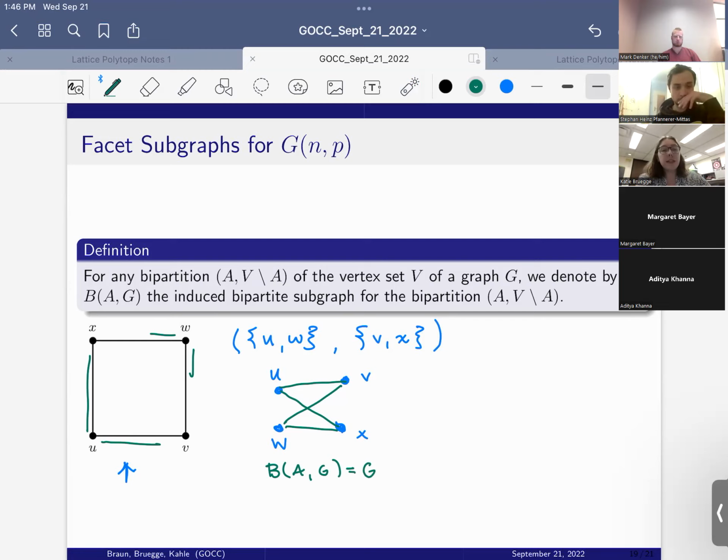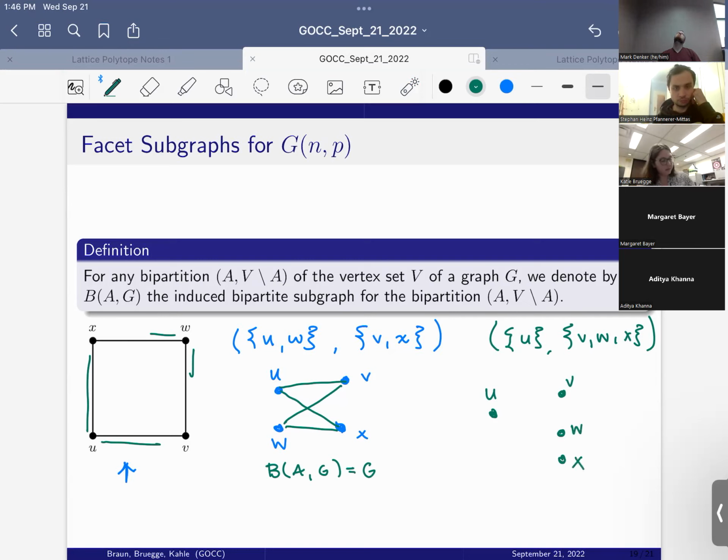But if we chose a different bipartition of the vertices, for example, if we said, let's do U by itself and V, W, X over here, well, U is connected to V and U is connected to X, right?